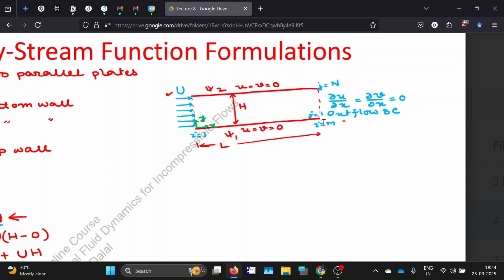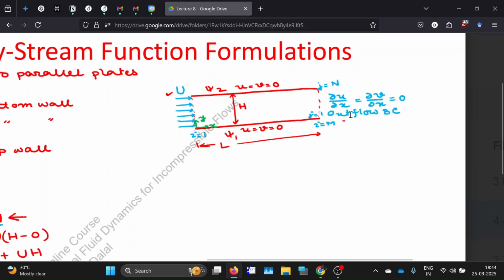Once y is fixed, in x it is not varying. Actually, I think that it is del v by del y. Okay, no, sorry.